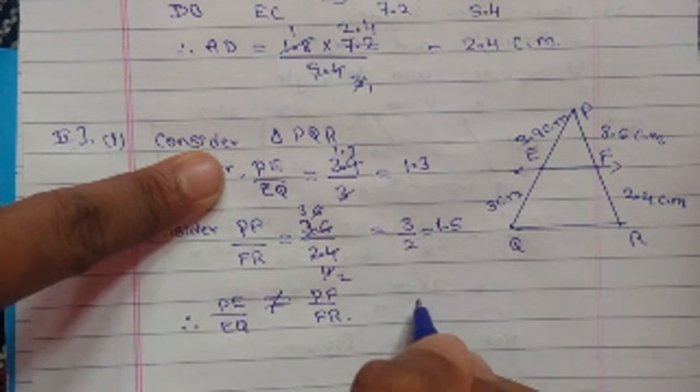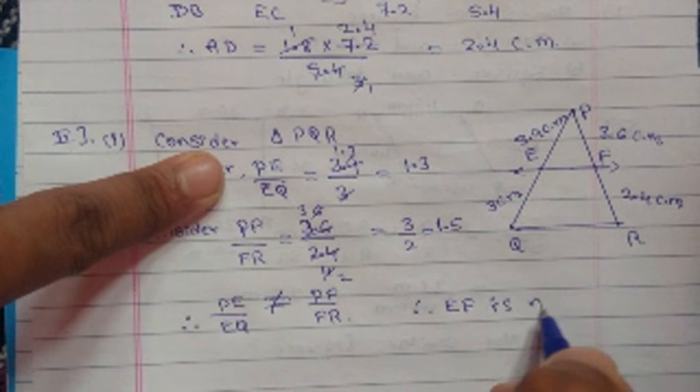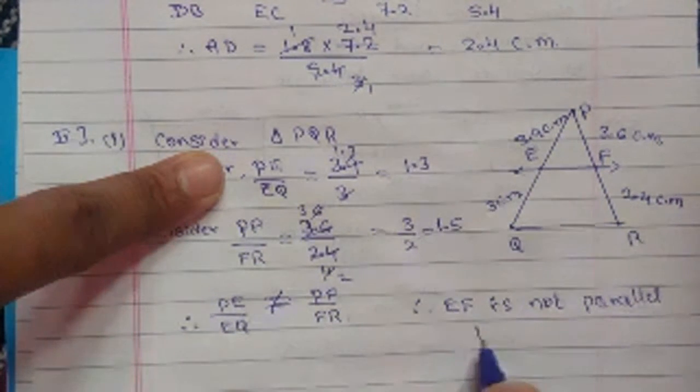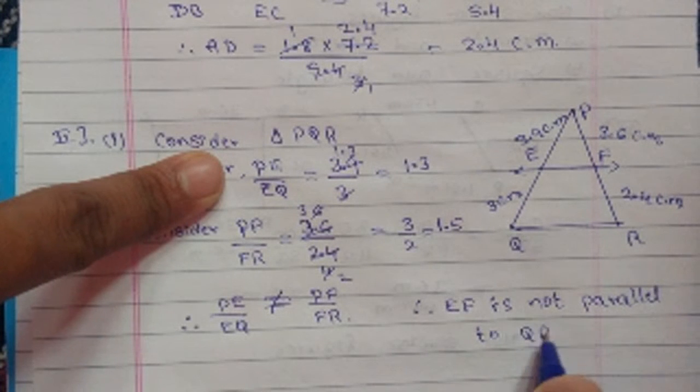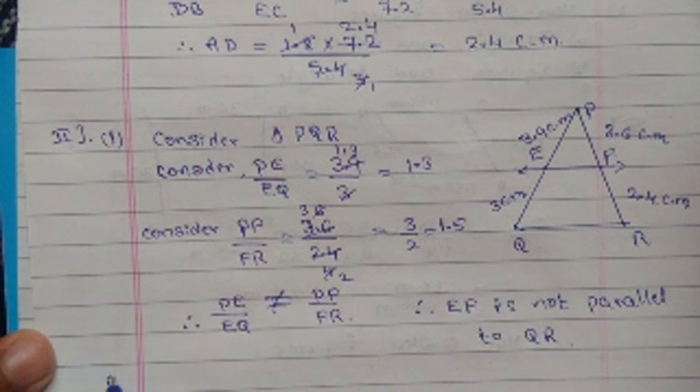Therefore EF is not parallel to QR. If the ratios are equal, then they are parallel. Here the ratio is not equal, so the lines are not parallel to each other. Then similarly the second one I will solve now.